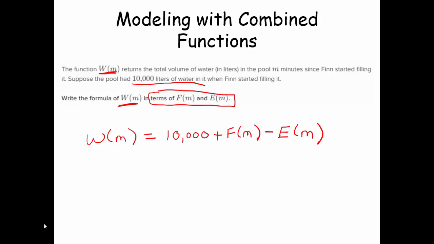So notice this, let me highlight this super ultra important phrase because this comes up all the time: "in terms of." Whenever you're writing W of m in terms of these two things, that means you're going to have an equation W of m equals, and on the other side you need to be seeing f of m and e of m and other things, and you need to piece everything together to make a true statement.